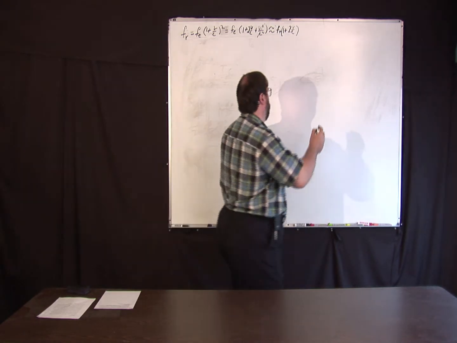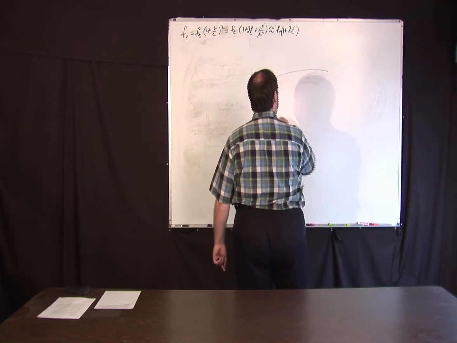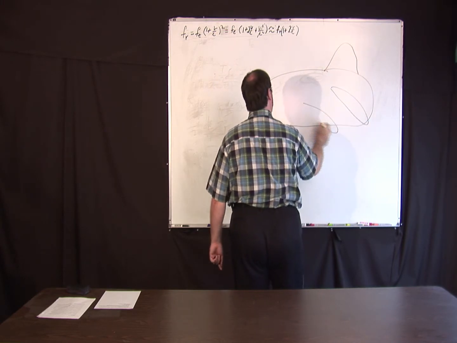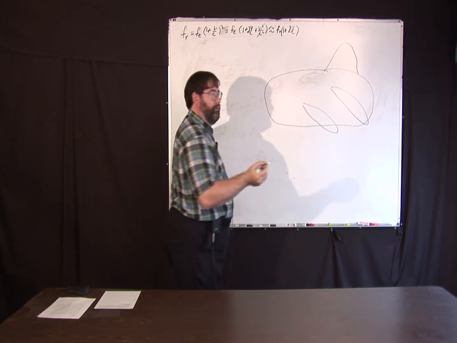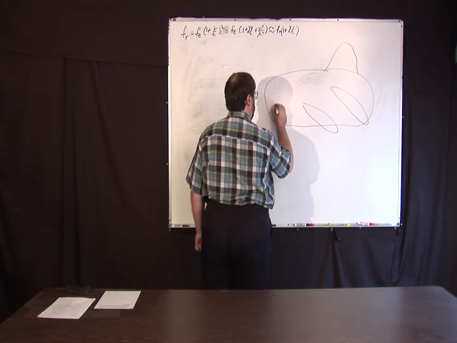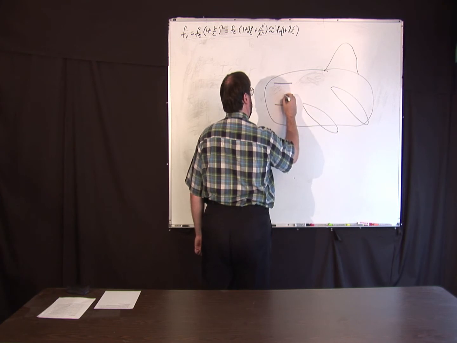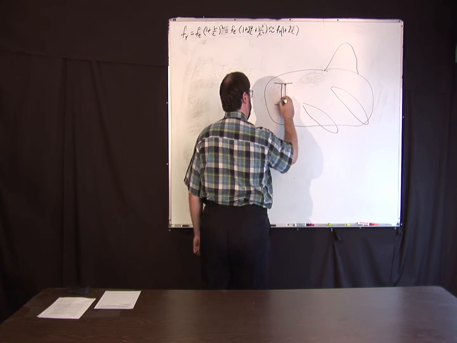Let's say you're on the plane. And I'll draw the plane a little bigger. And in the plane, you set up 2 mirrors. You want to set up a clock. And you put a light pulse up, light pulse comes down.